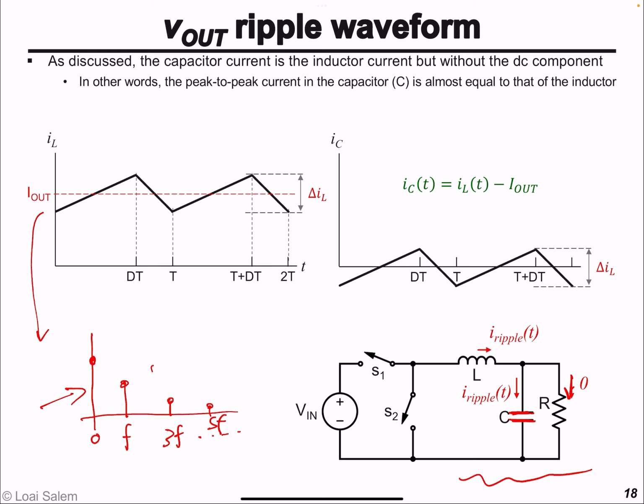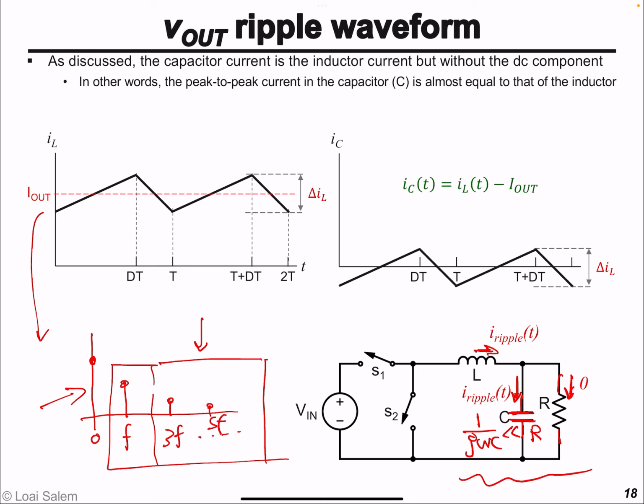On the other hand, for the harmonics from the fundamental to infinity, all these harmonics will see the capacitor in parallel with the load resistor. And if we assume that 1 over j omega c is much smaller than the load resistance R, then all of these harmonics will flow into the capacitor.